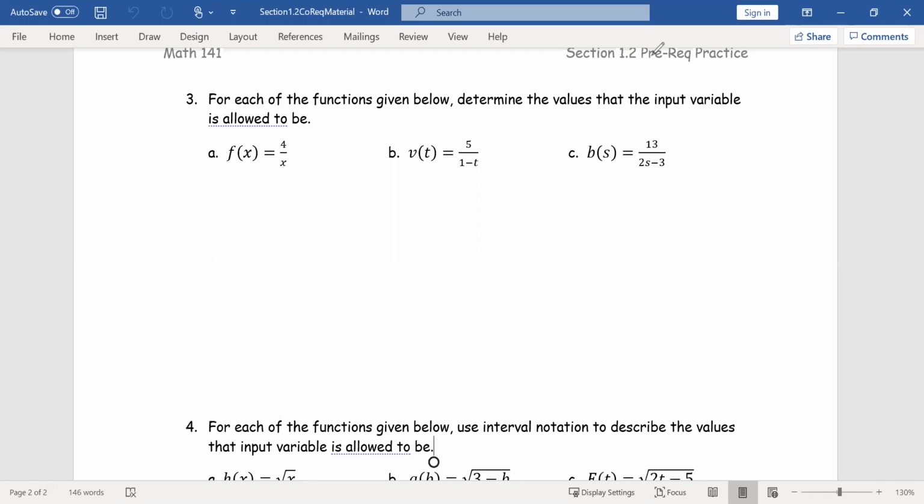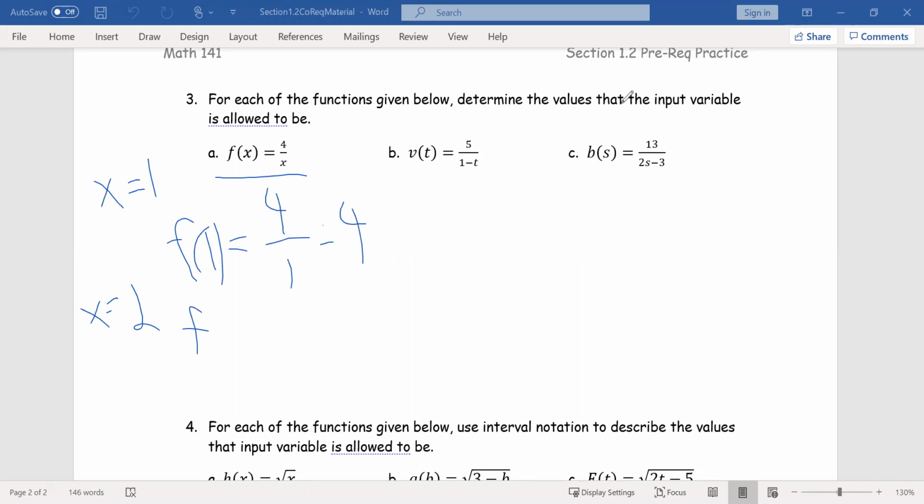So when I look at this first function here, f of x equals 4 over x, well, notice I could plug in, say, x equals 1 here, right? And I would end up with f of 1 equals 4 over 1, which gives us 4, and that's okay. I could plug in x equals 2, and I could do f of 2 equals 4 over 2, and that'll give me 2, and that's okay. So those are things that x can be.